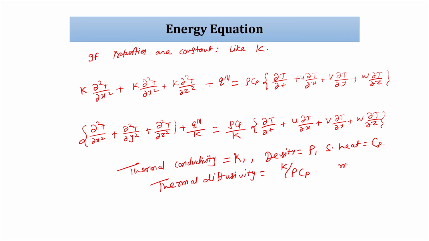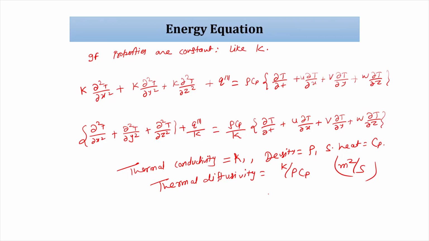The unit is in diffusivity, all kinds of diffusivity like mass diffusivity, momentum diffusivity or thermal diffusivity. All three have unit in meter square per second. Okay, it is a very interesting number. So, thermal diffusivity is denoted by alpha, and that is equal to k by rho Cp.